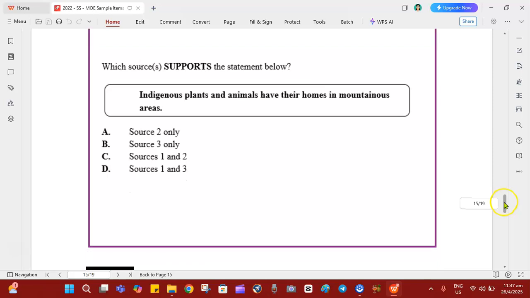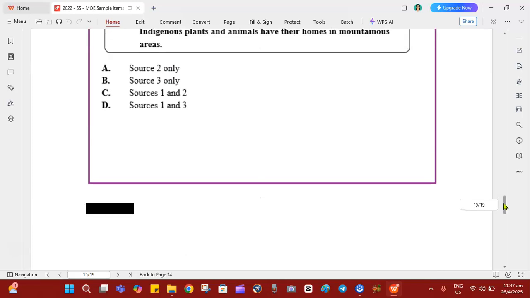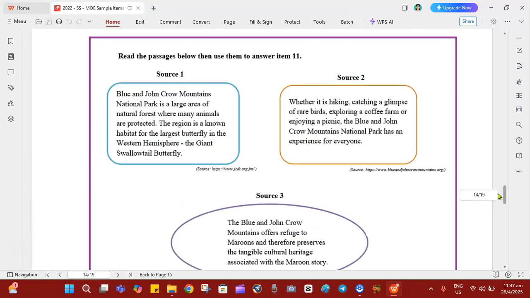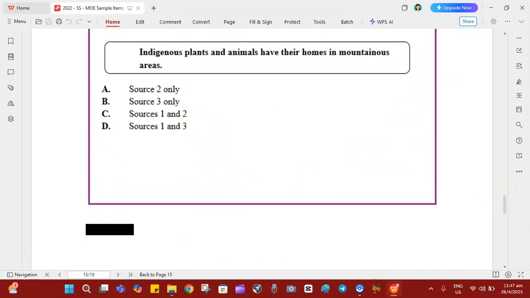That's native or indigenous. Source 3 only? Nothing is mentioned about animals in source 3, so it can't be. C says sources 1 and 2. Rare birds, giant swallowtail, hummingbird. So the answer would be C, sources 1 and 2.